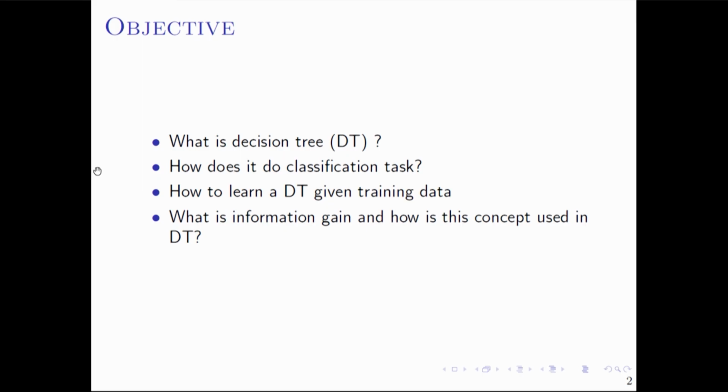We'll learn what a decision tree is, how it's used for the classification task, and how to learn a decision tree. To define a decision tree, we need to know a few terms. One more important term is information gain, and how we use this concept of information gain in the decision tree.